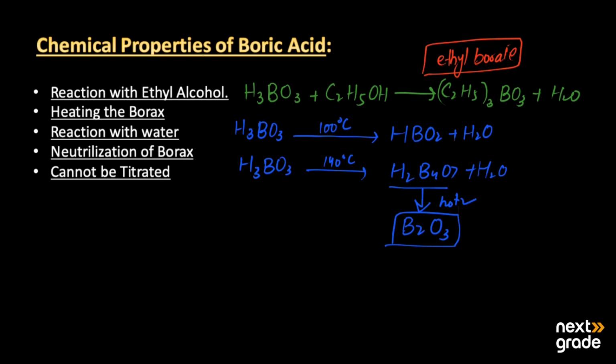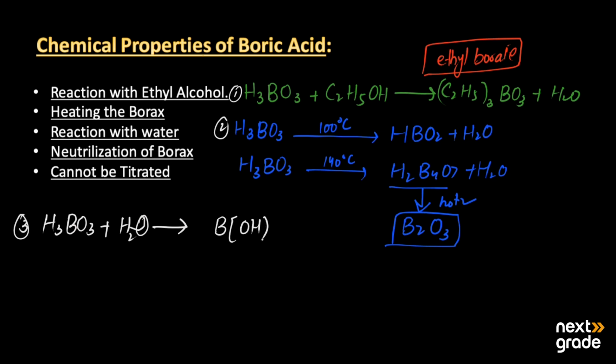Then we have the reaction with water. When boric acid, H3BO3, reacts with water, the product we gain, as it is a weak acid and it ionizes only to a little extent, is B with four hydroxyl groups attached to it, plus a hydrogen ion.